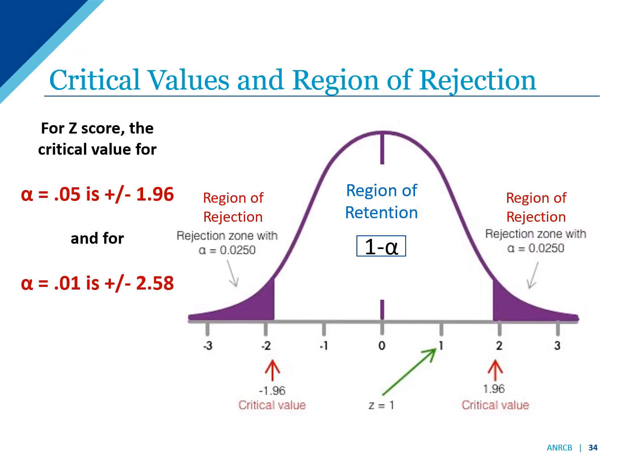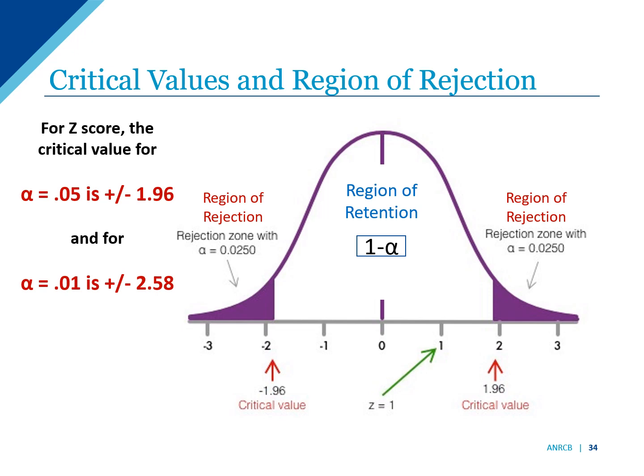The region of rejection is the region beyond these critical values in the distribution of the score, in this example, a z-score. The region of rejection is the area under alpha, or the significance level, and the region of retention is 1 minus alpha.